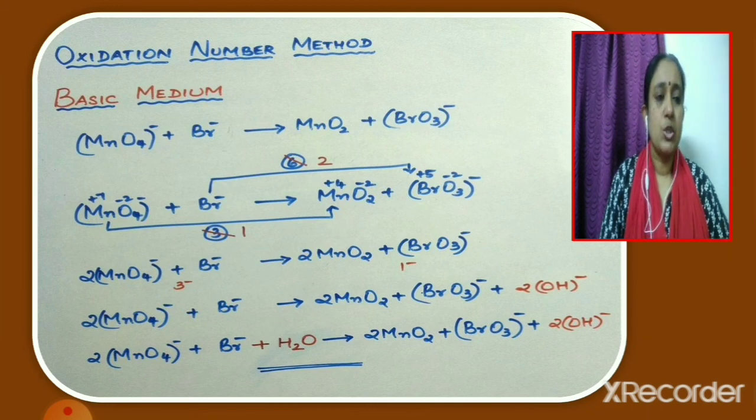Now when we show 2 OH- ions on the product side, the reactant side will be deficient of hydrogen. So we need to add the required number of water molecules on the hydrogen deficient side. So our equation becomes 2MnO4- + Br- + H2O gives 2MnO2 + BrO3- + 2OH-. This is the balanced equation.